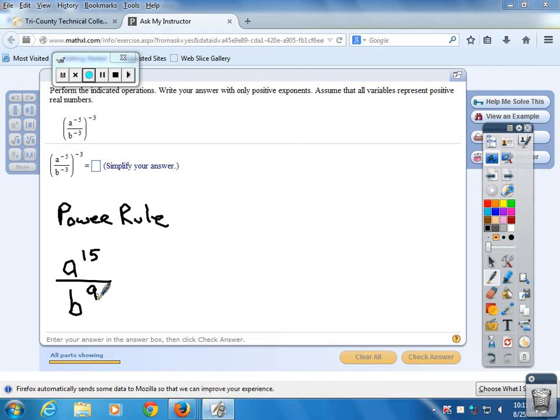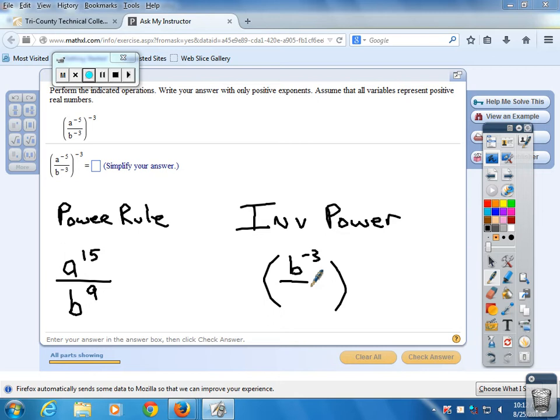Now you could use the inverse rule, the inverse power rule. The inverse power rule says if you flip what's in the middle, which would be B to the -3rd over A to the -5th, that will give you to the what power? To the 3rd power.